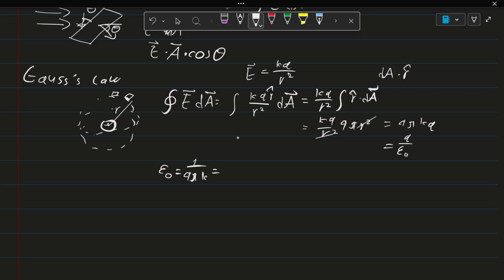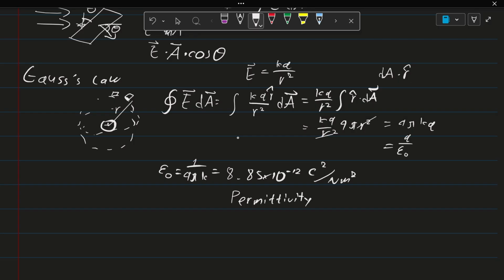If you compute this, it is about 8.85 times 10 to the power of negative 12 coulomb squared per Newton meter squared. And what does it mean physically? This is a number which is related later to the dielectric constant. It is something you call the permittivity. But more specifically, this is the permittivity of a vacuum.